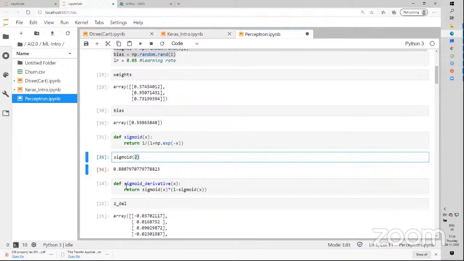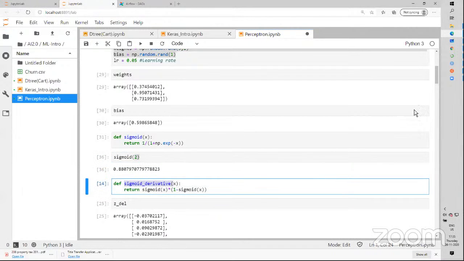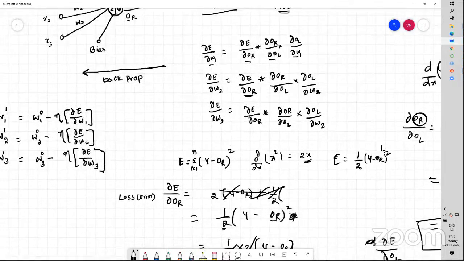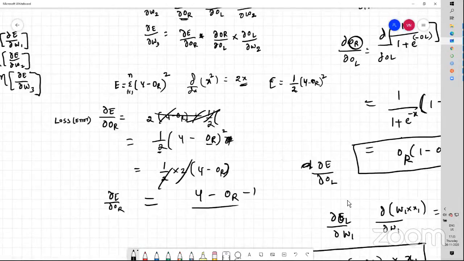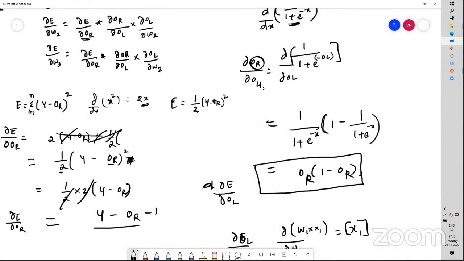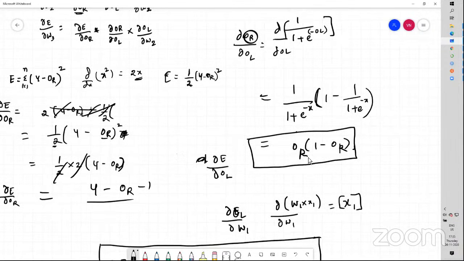Then sigmoid derivative. Why do we need the sigmoid derivative? If you remember, when we did the manual derivation, this is the derivative of OR with respect to OL, and the derivative is OR into 1 minus OR.